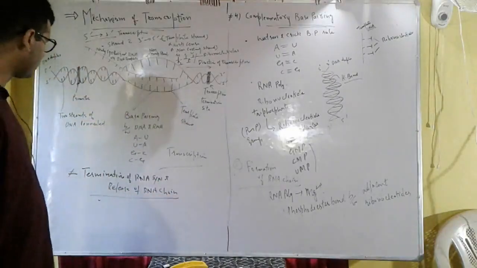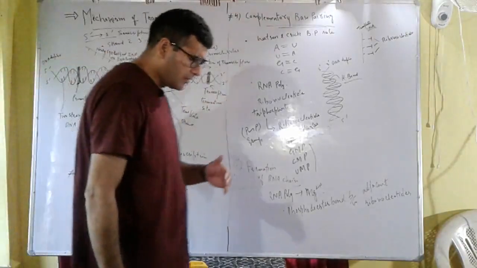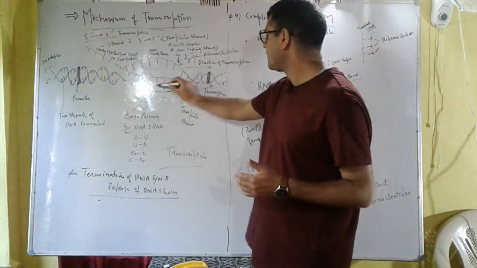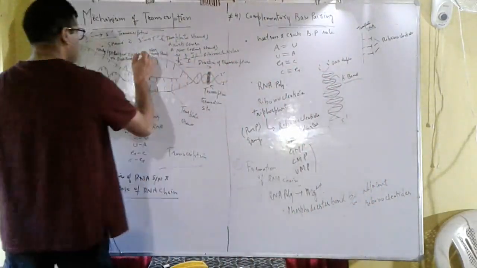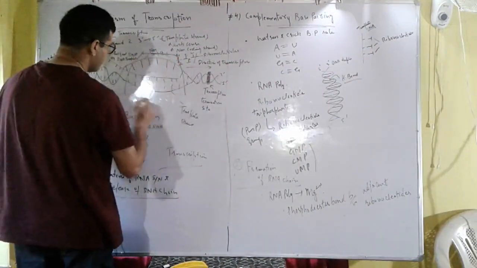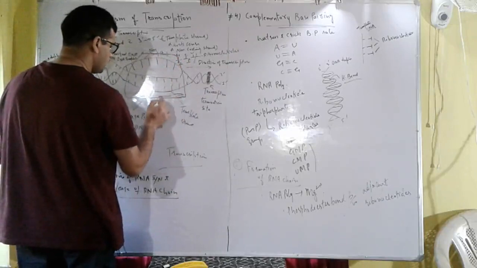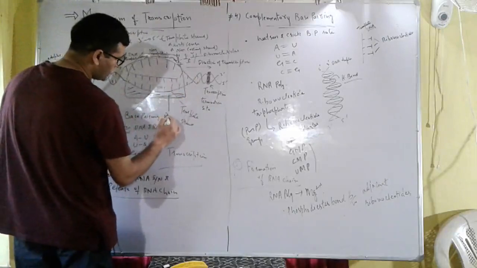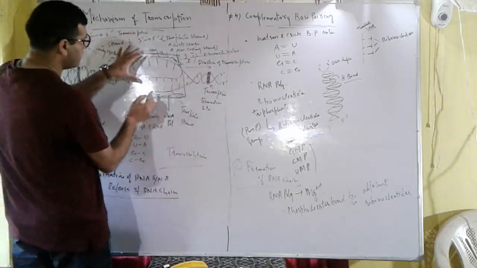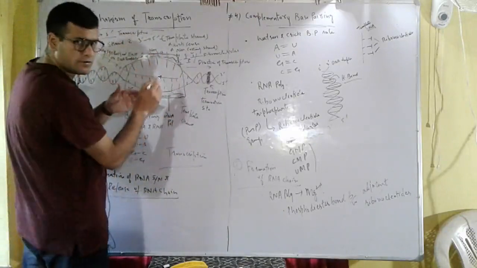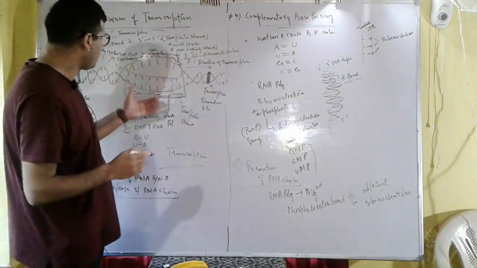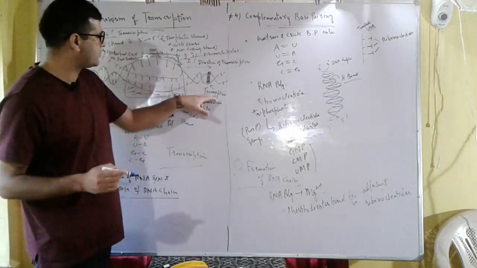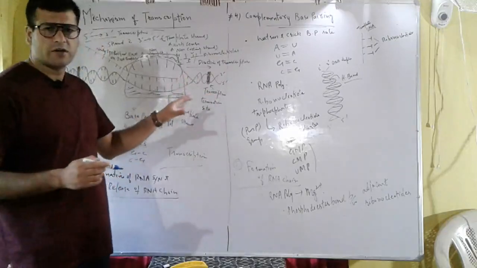This is RNA polymerase, the main enzyme for RNA synthesis. When this RNA polymerase reaches the transcription termination site, then transcription stops.